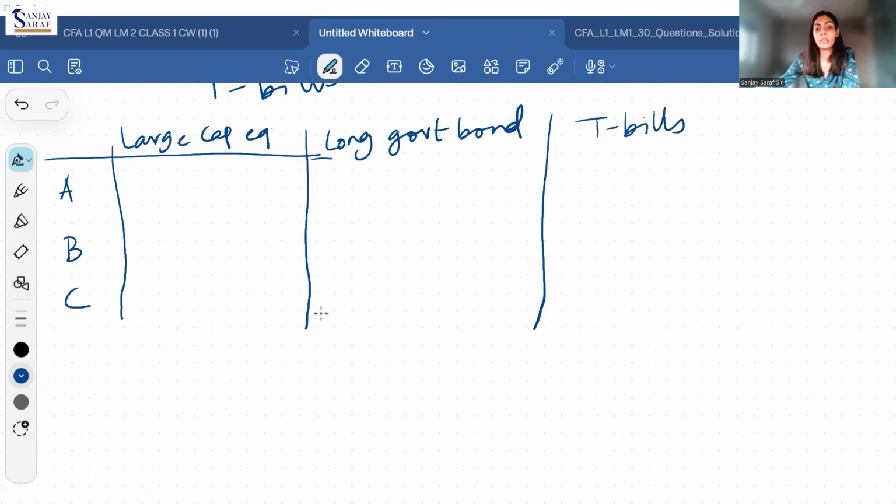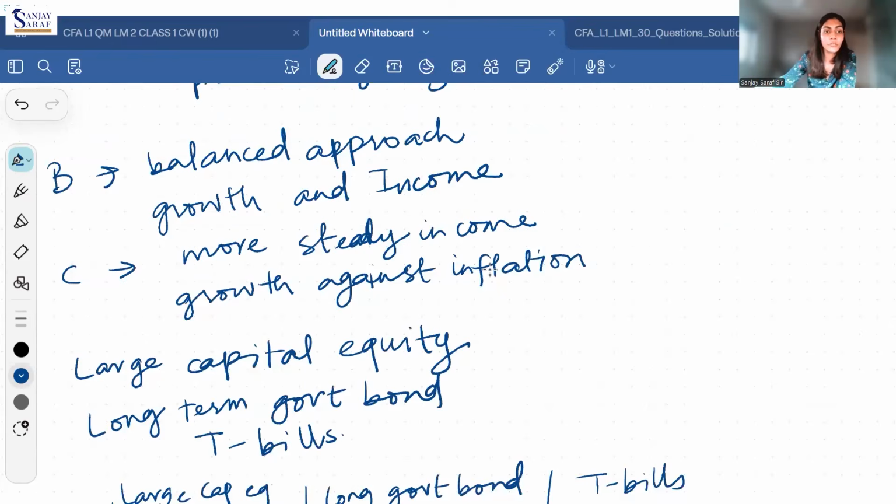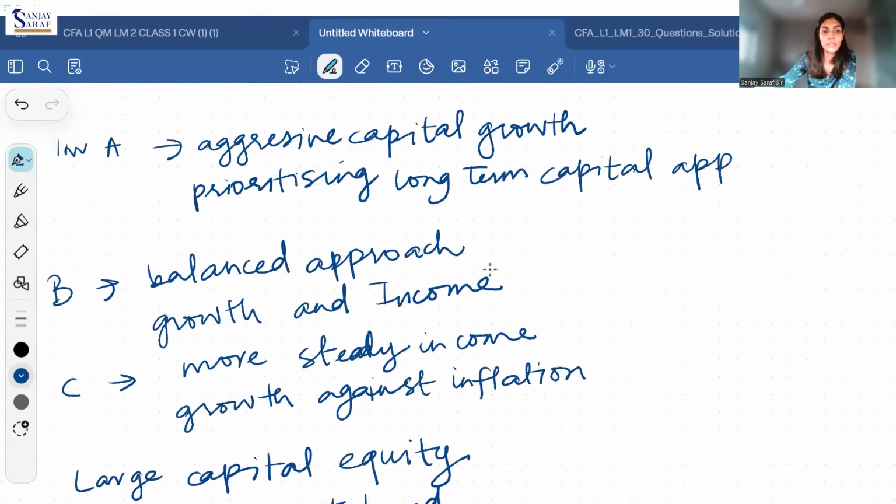Who do you think out of the three will have the highest proportion of equity? Whom do you think amongst the three of them, investor A, B, and C, will have the highest proportion of equity in their portfolio? A. Yes, I can show the question again. I can show you the definition of the requirement of each investor.